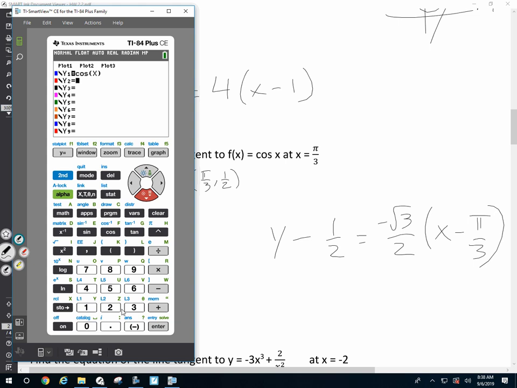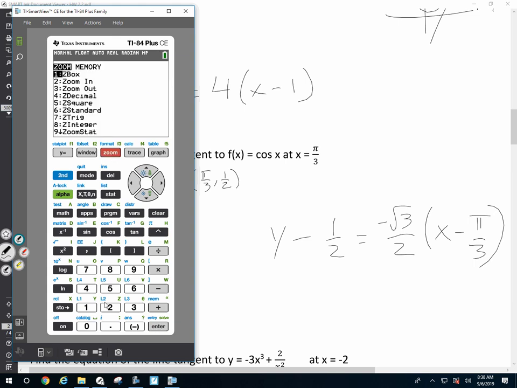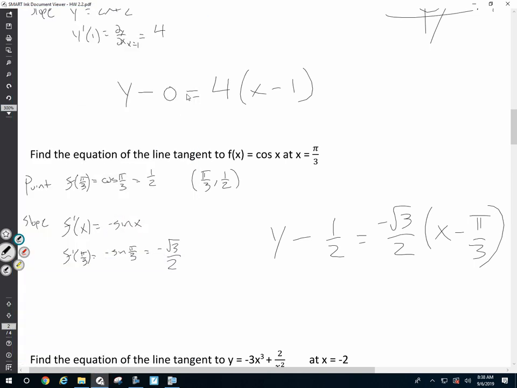If I've done my correct job, if I graph negative root 3 over 2 times x minus pi over 3, and then I add a half, I should see a tangent line to cosine at pi over 3. Yes. Let's see. Plug in pi over 3. Boom. I can zoom in right there just to make sure. Tangent. Awesome. You've done that with this one as well.